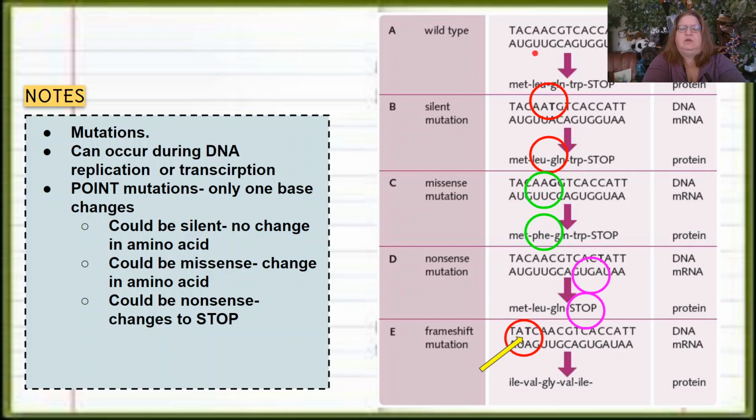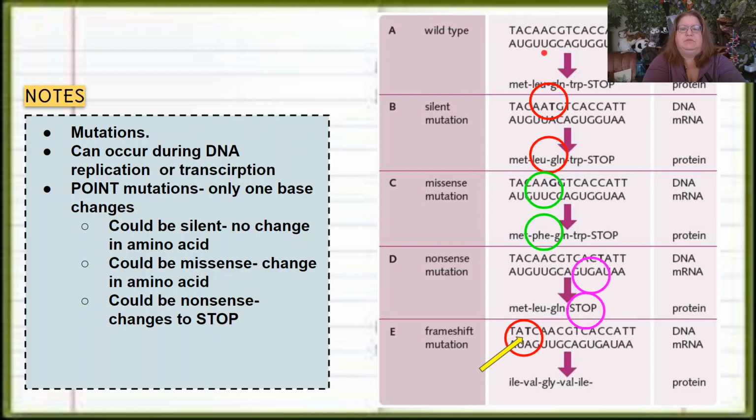Now, if we look at the mRNA, UUG gets changed to UUA. If you look at the codon chart, the big takeaway here is it did not change the amino acid. So we would call this a silent mutation.